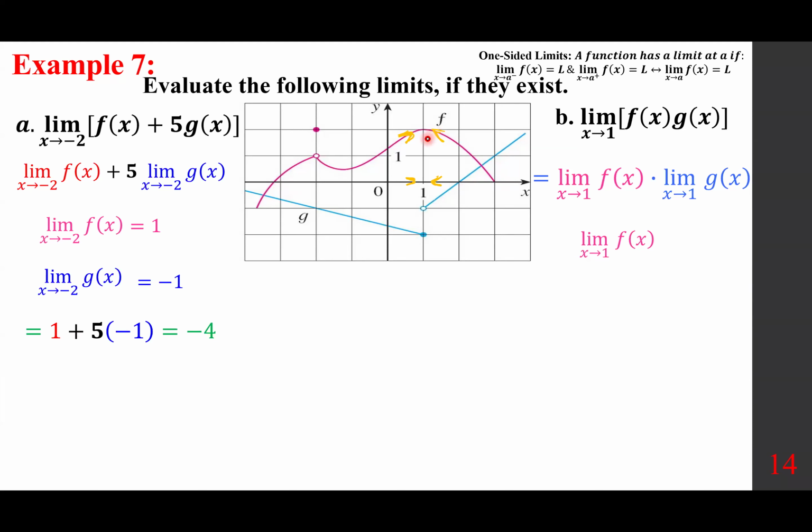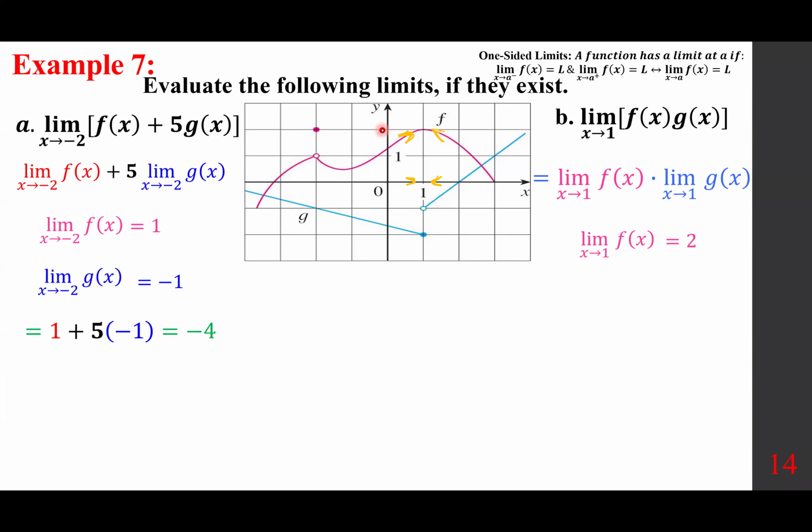By the way, of course, the function is also continuous at that point. So whatever the y coordinate of this point is, which is 2, that's fine. So the limit of f of x as x approaches 1 from the left or from the right, they're identical, it's equal to 2. We are done.